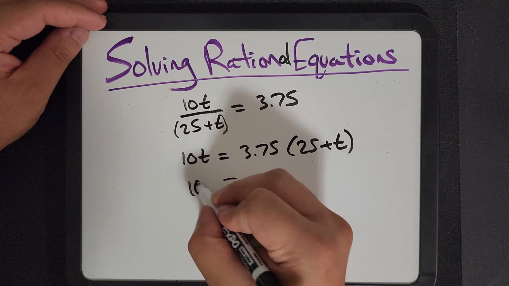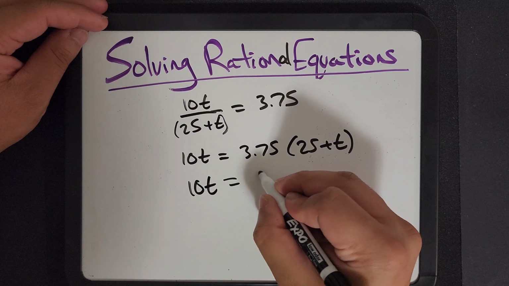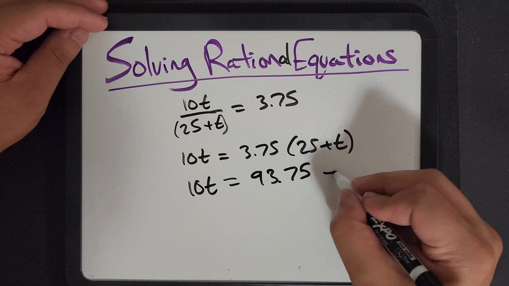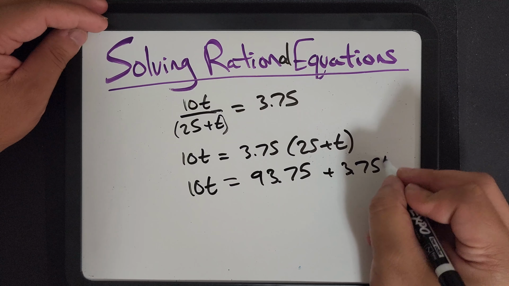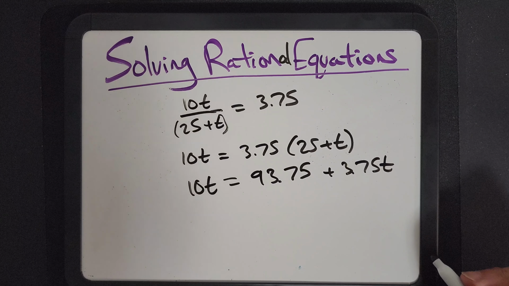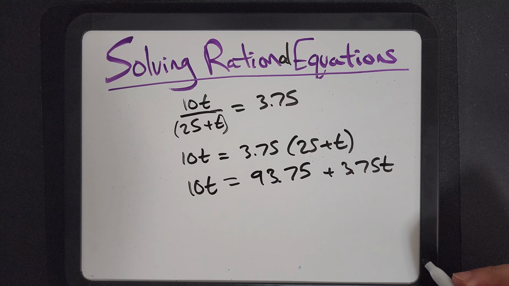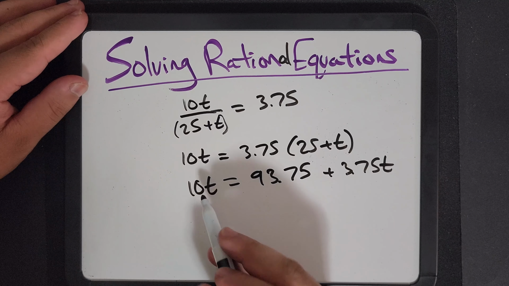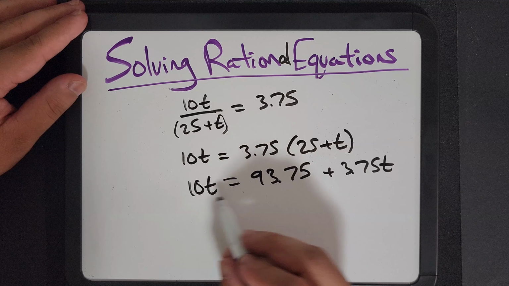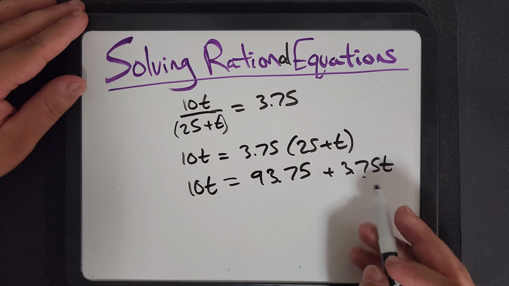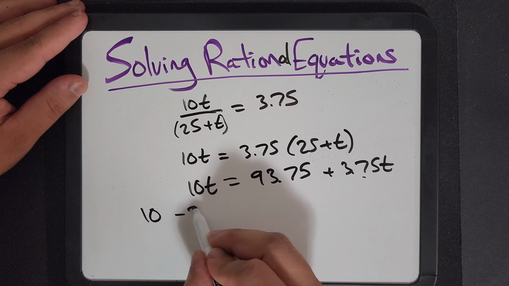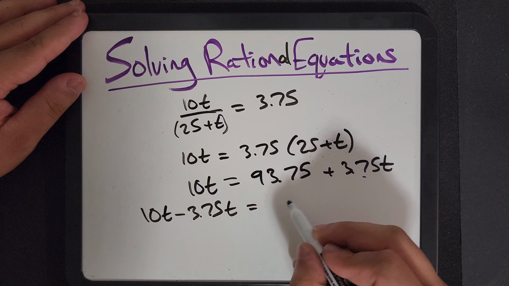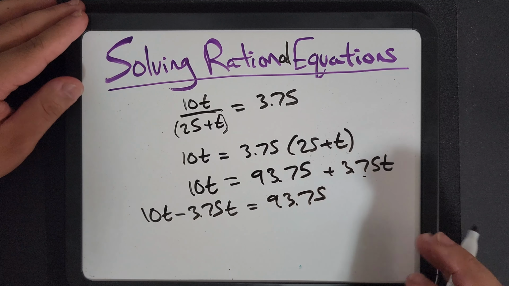So that'll be 10t is equal to 93.75 plus 3.75t. I'll just take this t over to that side. 10t minus 3.75t equals 93.75.